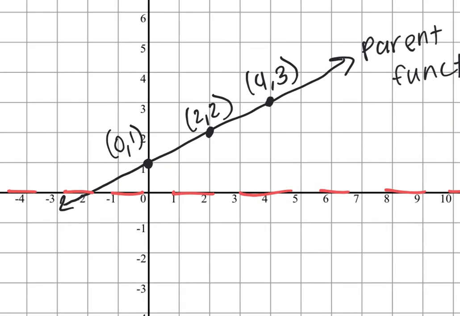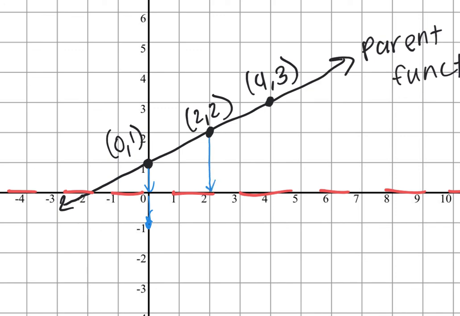So 0, 1. How far is 0, 1 from the line of reflection? Allie? It's 1 unit away. So if we were to move 1 down, we would get to the line. Move another 1 down, and that's your new point. The next one would be at -2. Good.